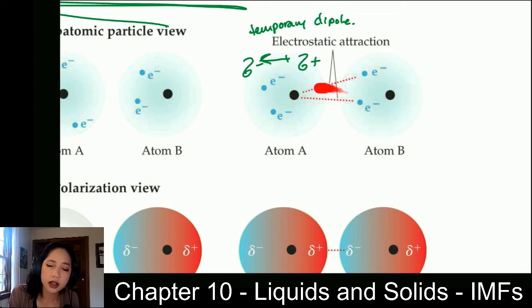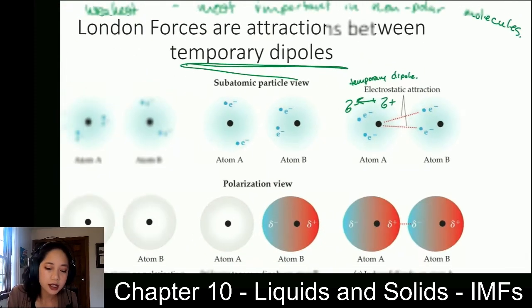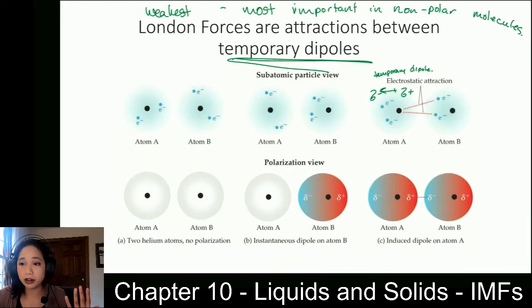So this is essentially the view of a temporary dipole: although all of these atoms are neutral and nonpolar in their behaviors, because electrons are constantly moving, we can produce temporary dipoles in certain snapshots in time. And by making two temporary dipoles, those neutral and nonpolar atoms, just for a split second, can be attracted to one another. So really, to summarize, London dispersion forces are attractive forces between temporary dipoles.